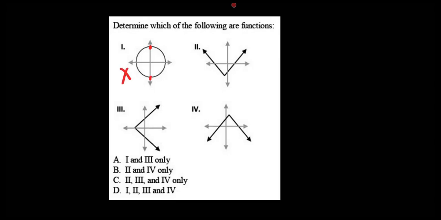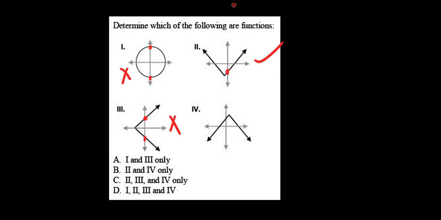And number 2, a vertical line is also drawn through the graph and it cut through it at one point, as you can see over here. So this is a function. And number 3, the vertical line cut through the graph at two different points, as you can see at this point and at this point. Therefore, number 3 is not a function.